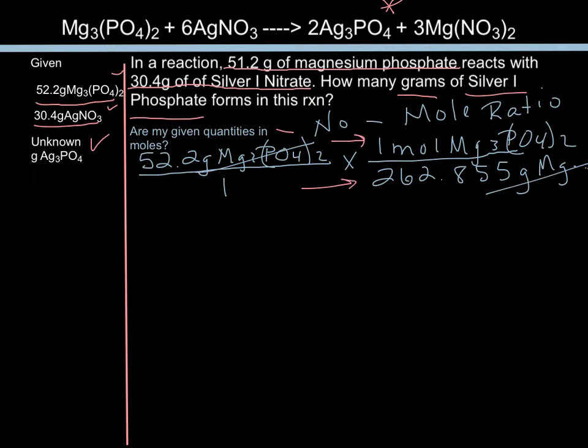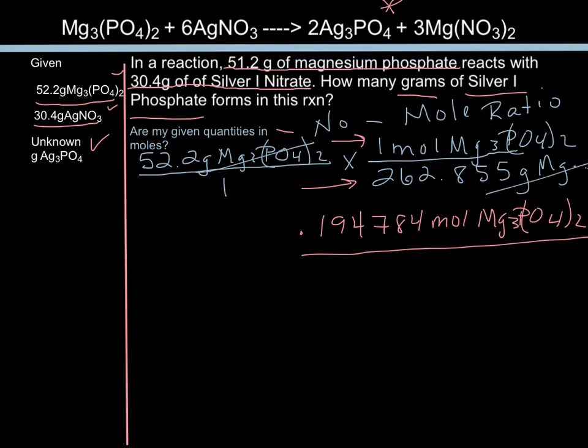And when I get that answer, I end up with 0.194784, and the unit is going to be moles of magnesium phosphate. Okay, so that's one done. Let's go ahead and convert the other one now and save ourselves the headache. So let's move on here.